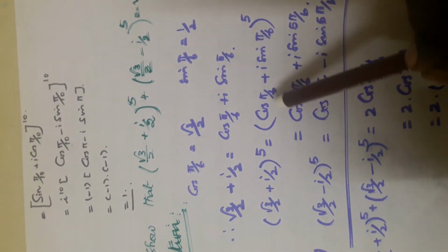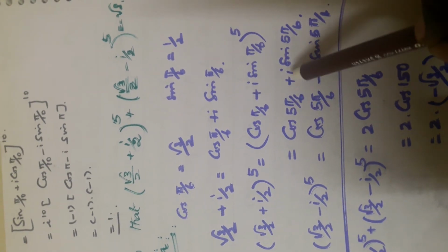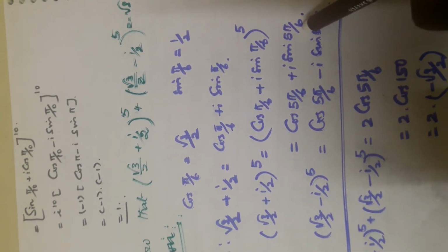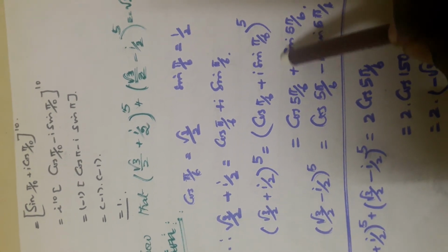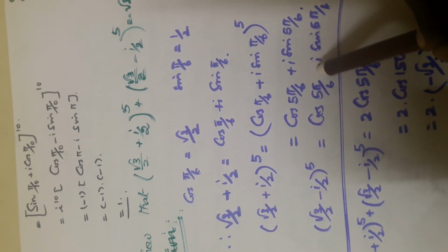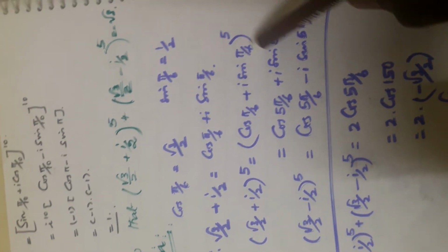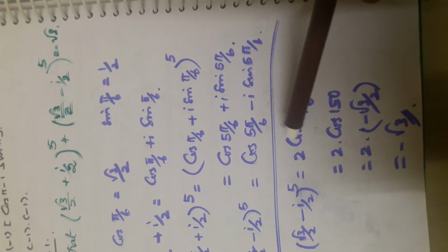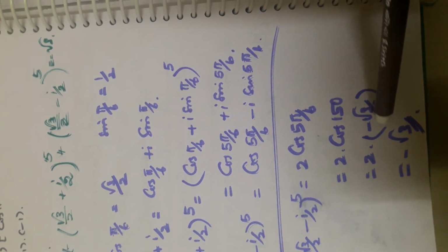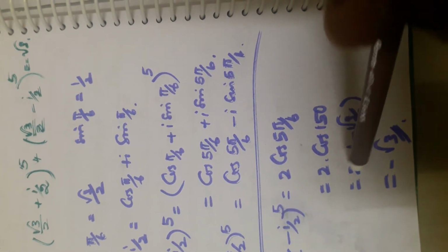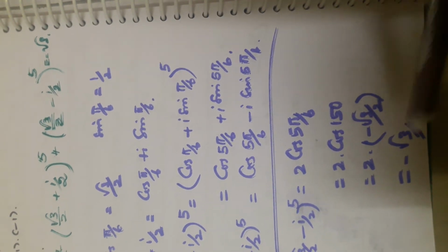Raise the power, so it will be cos 5π/6 plus i sin 5π/6. Similarly, for the minus, the middle i we can change into minus i. So the sum will be, imaginary part cancelled, 2 times cos 5π/6. Cos 150 value is minus √3/2. 2 and 2 cancelled, you will be getting minus √3.